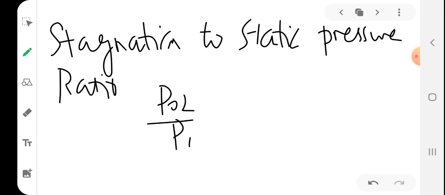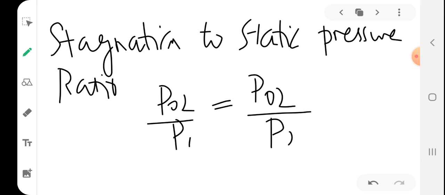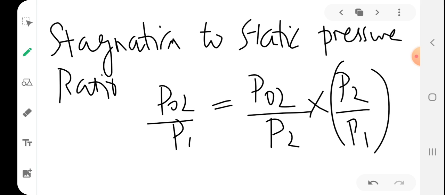So this should also be known. That can be found out using P02 by P1 as P02 by P2 into P2 by P1. This P2 by P1 is already known. P02 by P2, that relation is also already known. So applying those relations, you can find that final equation also.